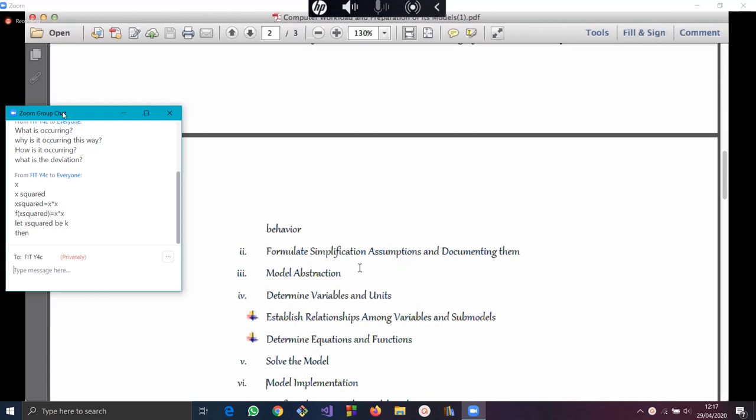Or I will write it as f of k is equal to x multiplied by x, like that. So in that particular case, I have built what I call an equation. But you see, I started by first of all doing what? Understanding my relationship, and then going through this.